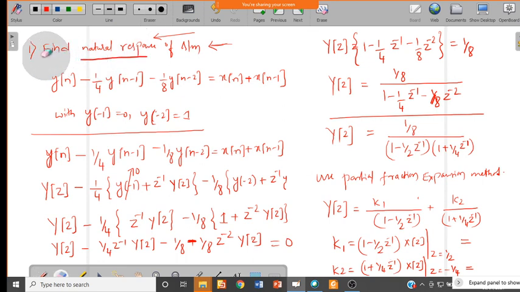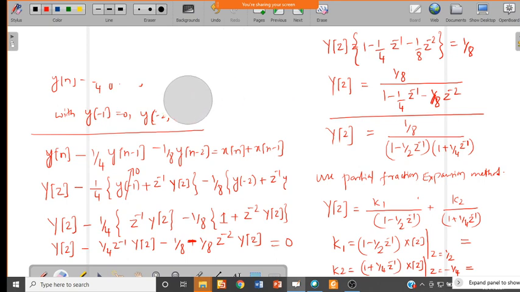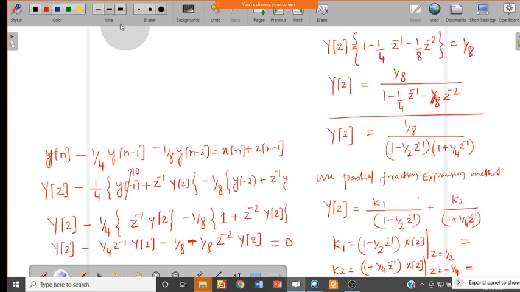By taking inverse z transform, you will get the natural response, that is yn of n. So this is k1 value and this one is k2 value. So tell me the values of k1 and k2.